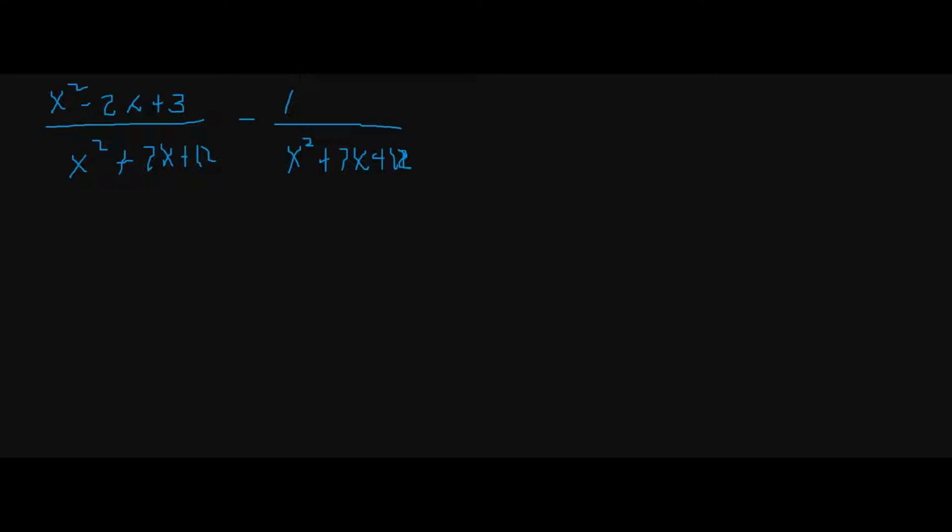And then we're going to get x squared minus 4x minus 5. All right. So now that we got this here, do we have like terms? And we in fact do. x squared plus 7x plus 12 is all in the denominator, and this is all in the denominator. So we can rewrite this problem as x squared plus 7x plus 12. The denominator stays the same.